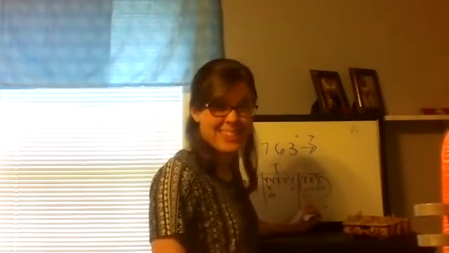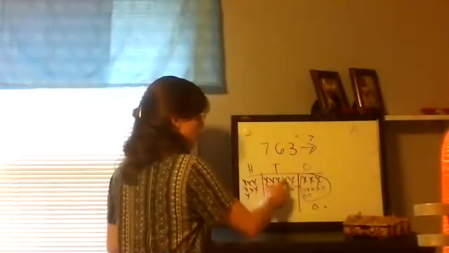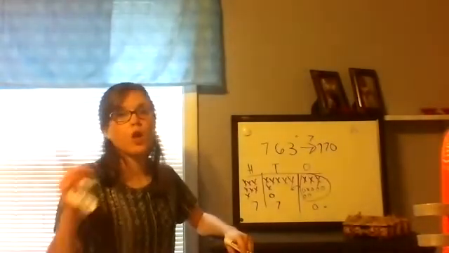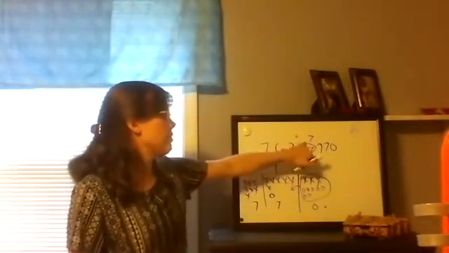So I'm going to circle my 10 ones and move them over to the 10 spot. So how many ones do I have? 0, because we moved them over. How many tens? 1, 2, 3, 4, 5, 6, 7 tens. And I still have 700. So my new number is 770. Am I done? No, because I've only added the 7 ones.